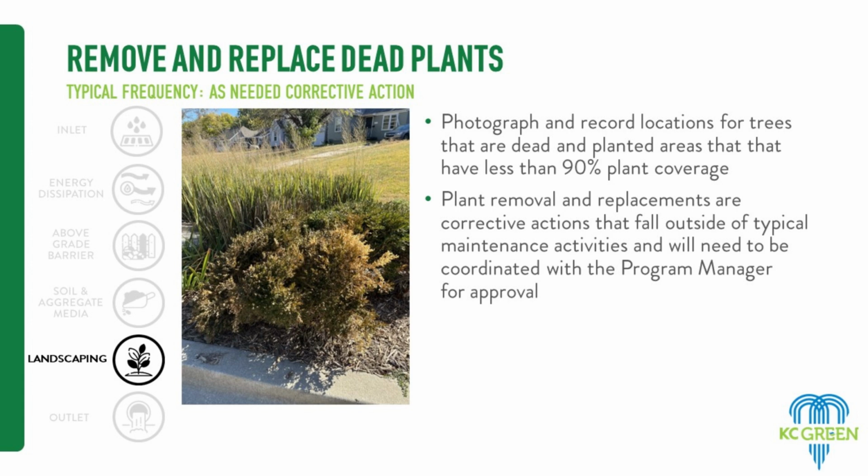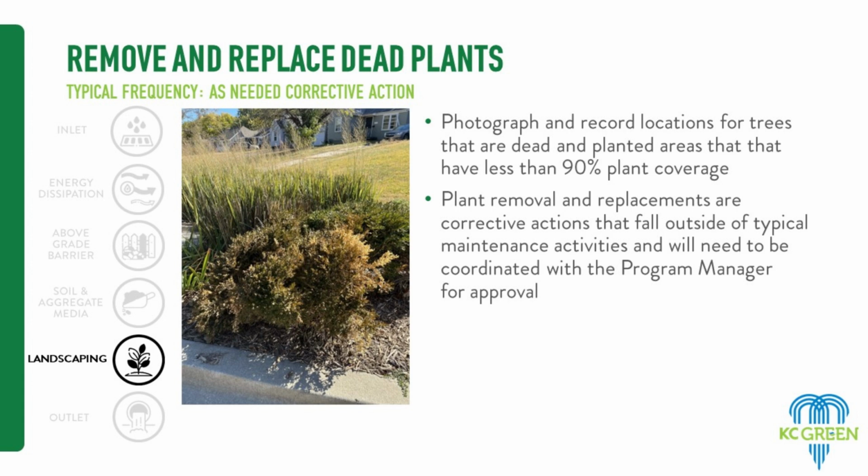So when you're on site doing your inspections, we'll get into it, there's a category where you can identify the plant coverage percentage of your basin. This is a corrective action that will fall outside of your maintenance activities, but we need to know for future plant replacements what's going on.